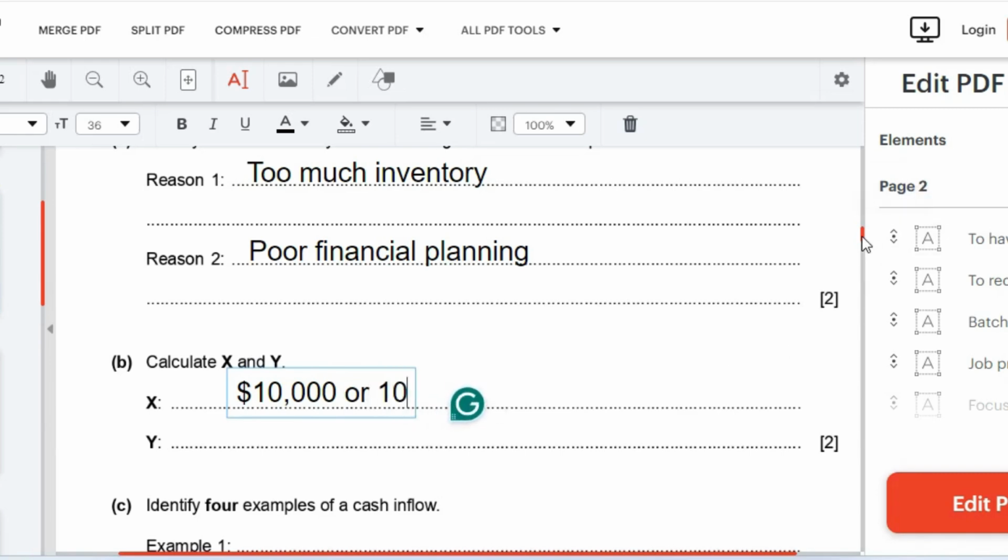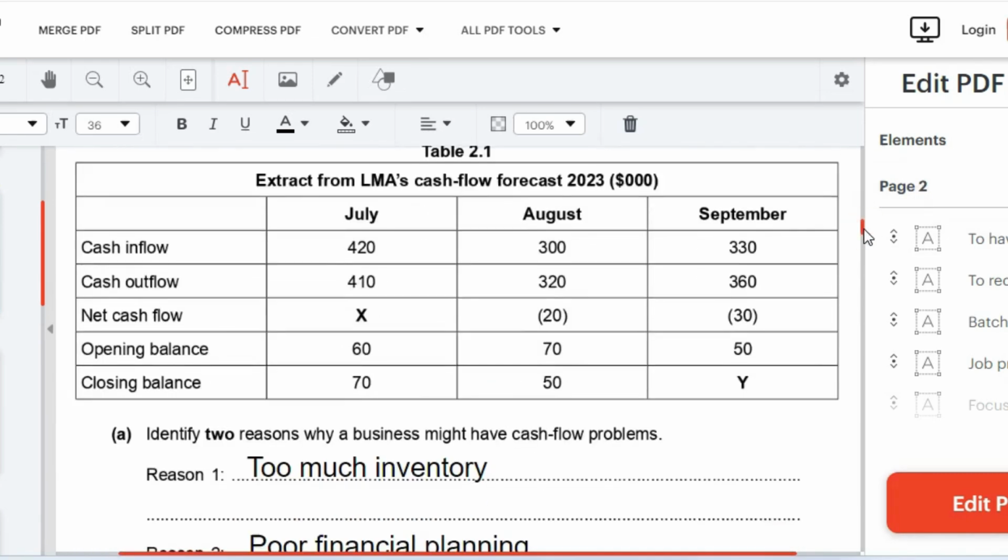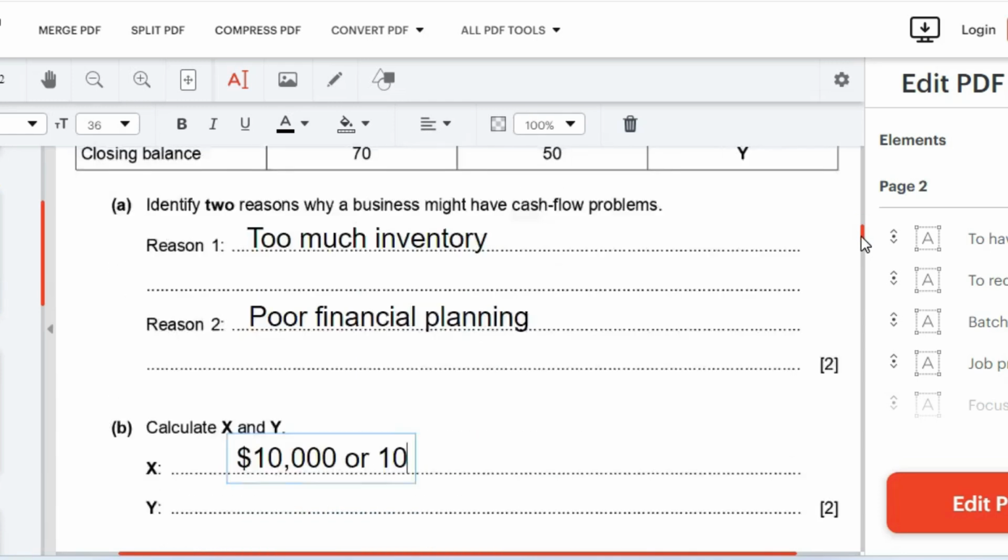And to calculate our y, that is our closing balance, it should be net cash flow plus opening balance. That is the formula for calculating our closing balance. Now we have the net cash flow of September to be -30, and the opening balance is 50. Now the -30 with the opening balance, our closing balance will be $20,000 or 20.